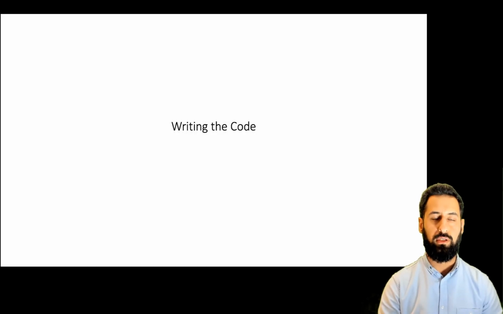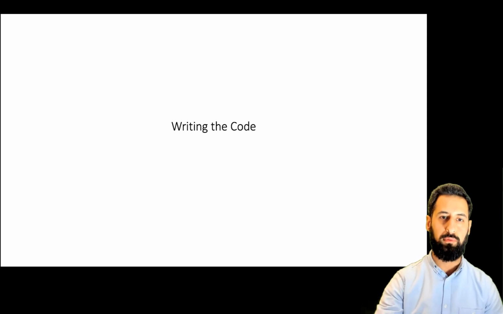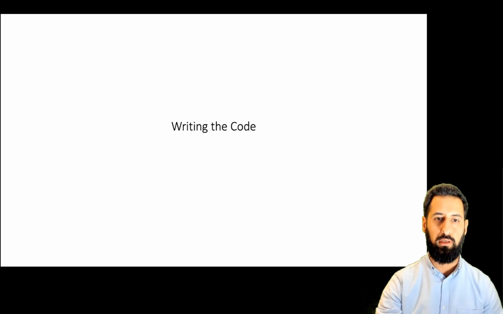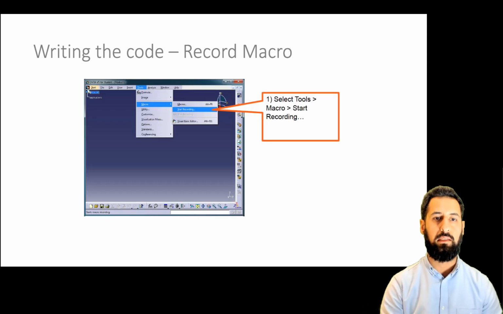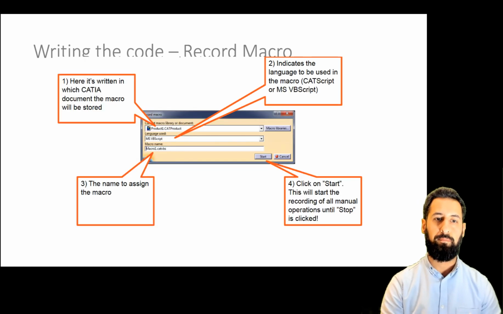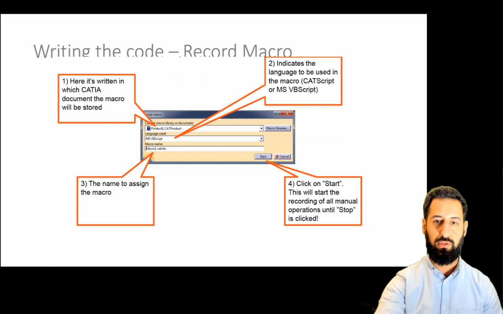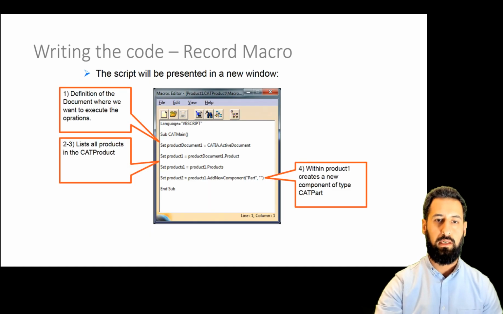Here is a section where I will just go through the different functions available in order to write the code for design automation. So one function is record macro. I've talked about this before. There's a lot of things that you can record, but some things are not possible to record. How you do it is that you start by selecting start recording, and then you press the start button in order to record it.